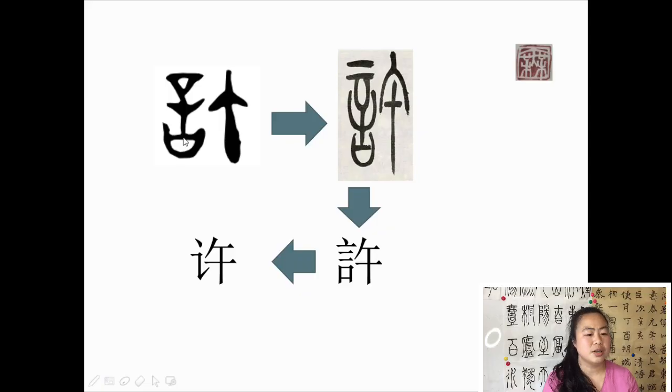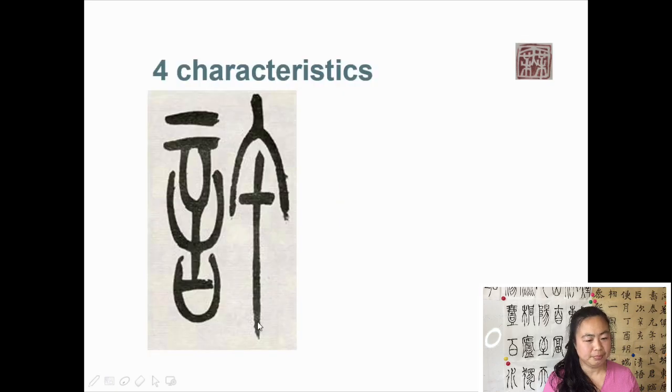So just now we mentioned, this is like someone standing on the stage and saying something and promising something, right? So now in modern Chinese characters, nearly every character with this left part is something related to speak, speech, or say or something. So this is also called speaking radical.